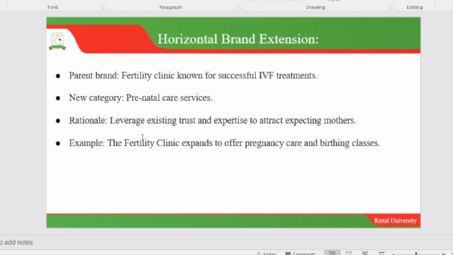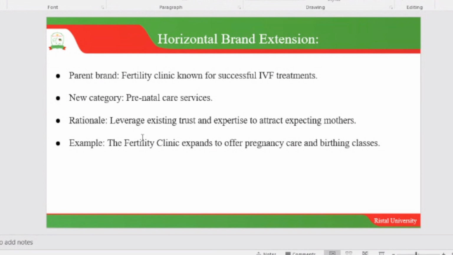So the example is that the fertility clinic expands to offer pregnancy care and birthing classes. So you'll be able to offer antenatal care services. You will continue to offer pregnancy care and delivery classes. So that is how you are extending your service from only offering successful IVF treatments.